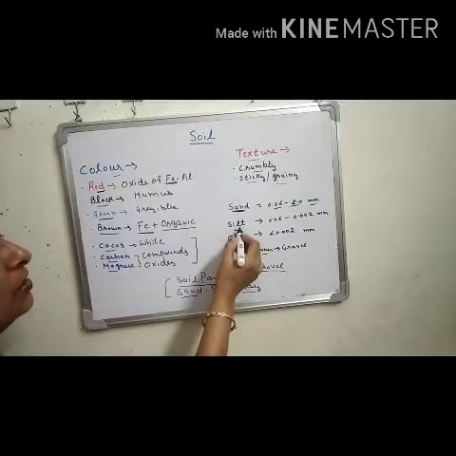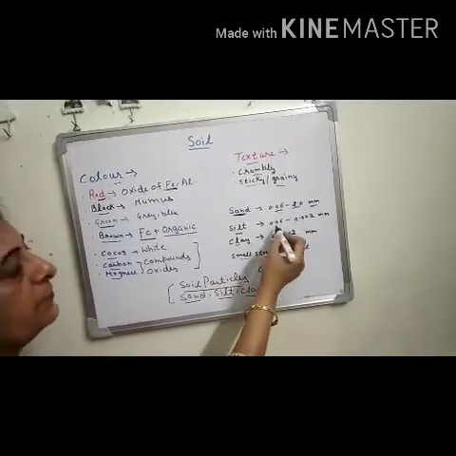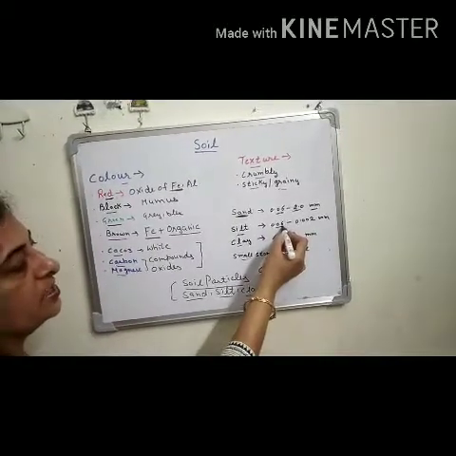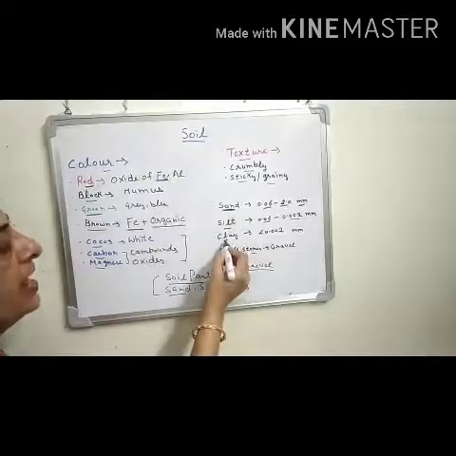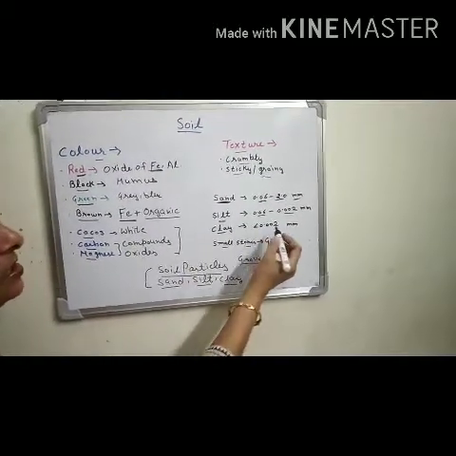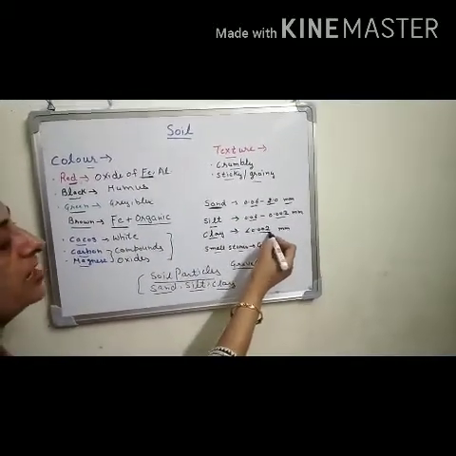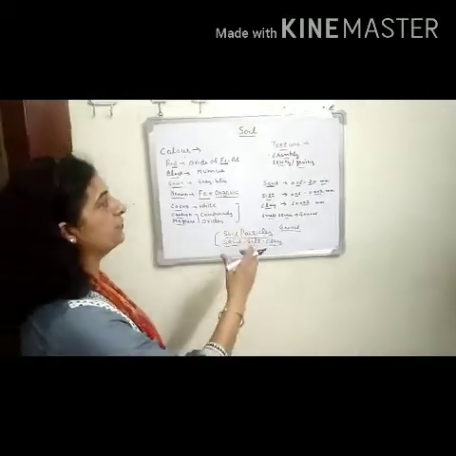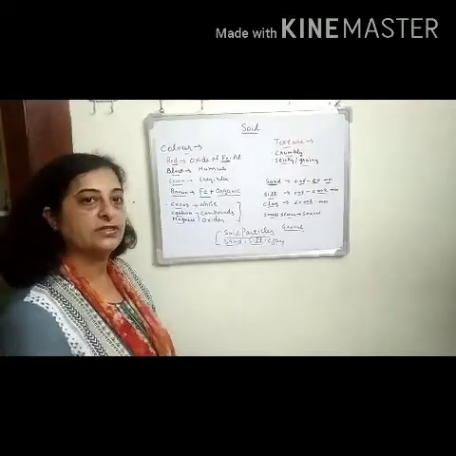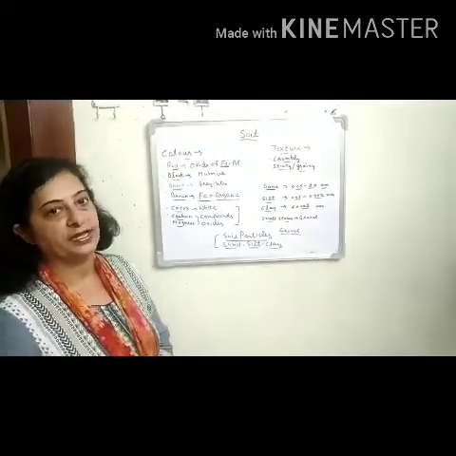The diameter of silt particles may be from 0.06 millimeter to 0.002 millimeter, and the diameter of clay particles is less than 0.002 millimeter. So there is a difference in color and texture of soil depending on various factors.